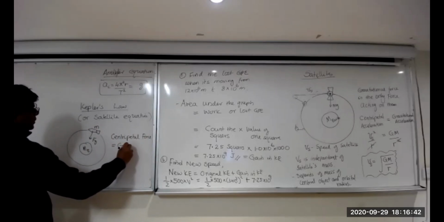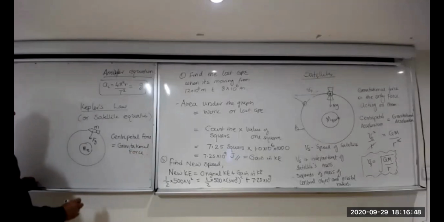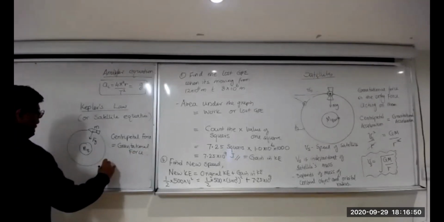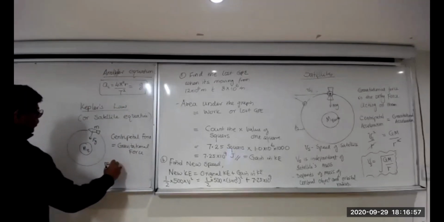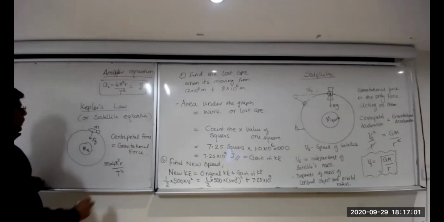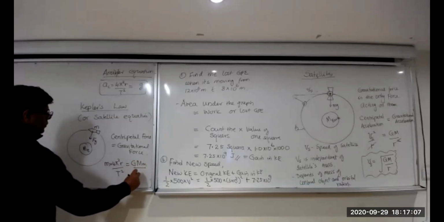Acceleration is fine as well. So centripetal force we can write m. Okay, so I can just write m times 4 pi squared on T squared, equals GMm on r squared.